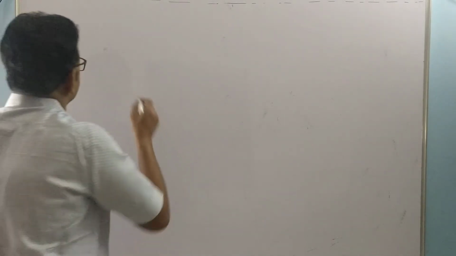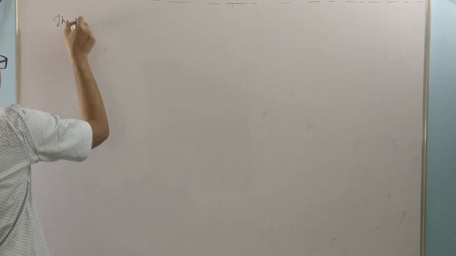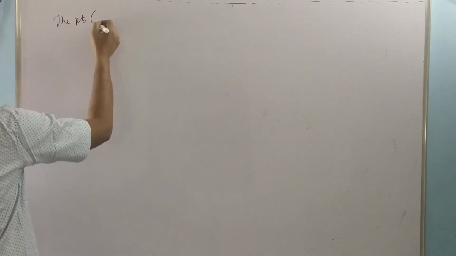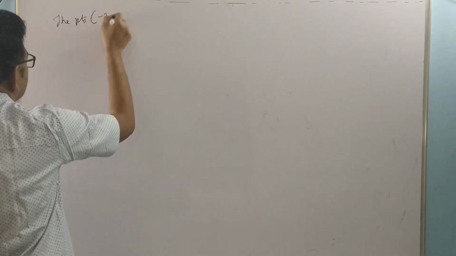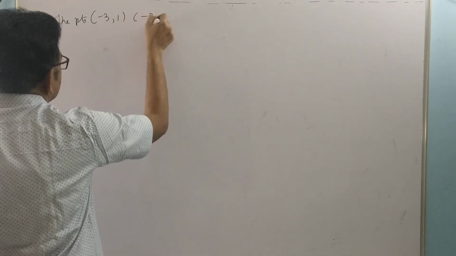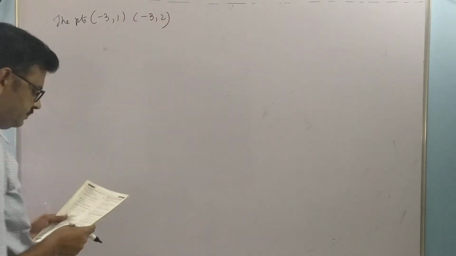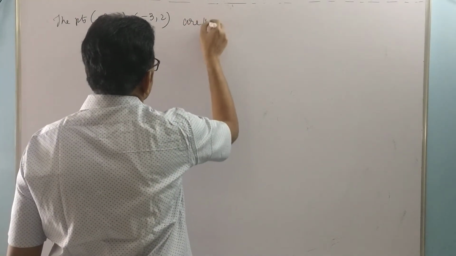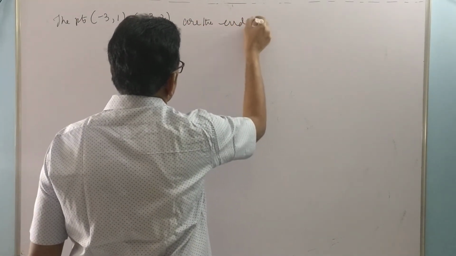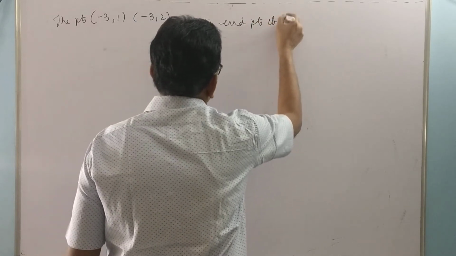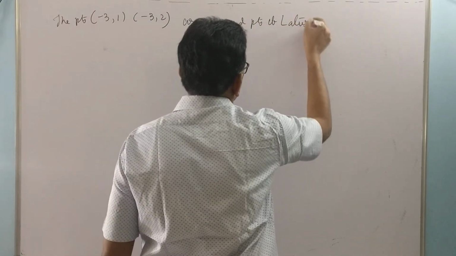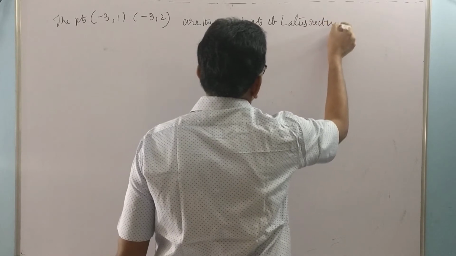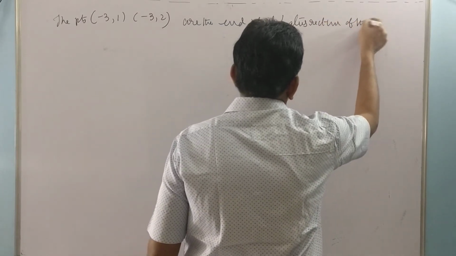Next one: the points minus 3 comma 1 and minus 3 comma 2 are the end points of latus rectum of the parabola.